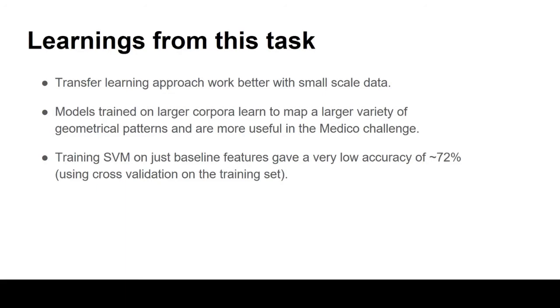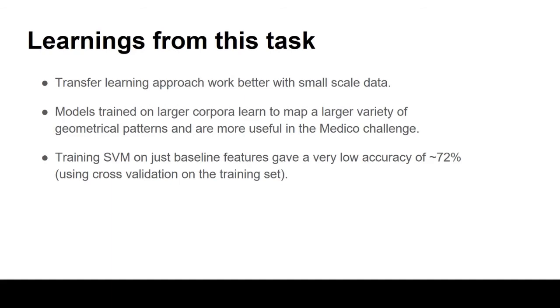So our hypothesis is that since the VGGNet and Inception V3 were trained on large amounts of data, they learned to map a large variety of geometrical patterns in the images. So given an image, they could produce a representation for different geometrical patterns, and that is what happened with the Medico challenge as well.